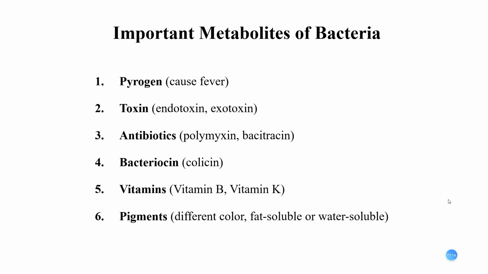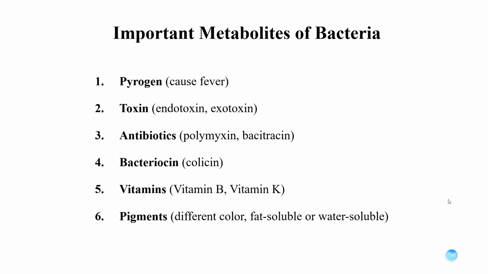And nowadays, most of the antibiotics we are using are from either bacteria or fungi, such as polymyxin B or other polymyxins, or this one, bacitracin, I don't know the Chinese name, and also streptomycin. Those are all produced by bacteria.